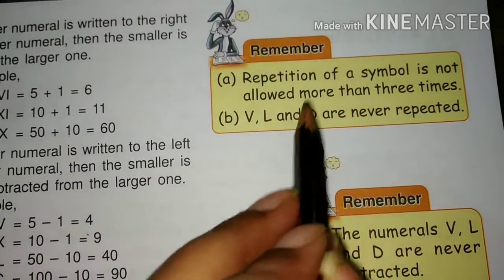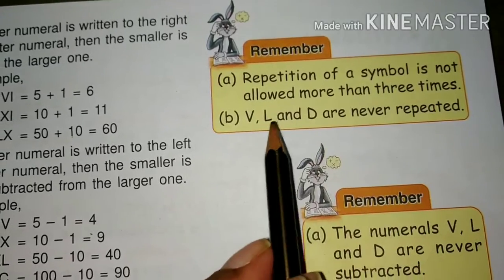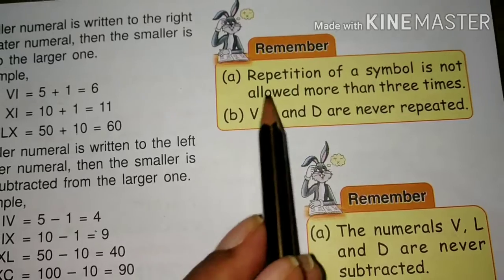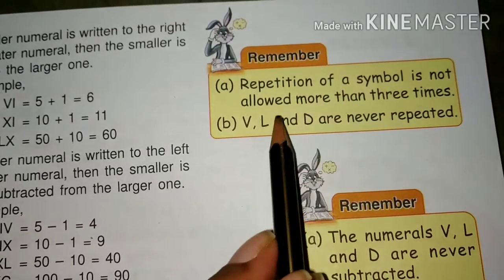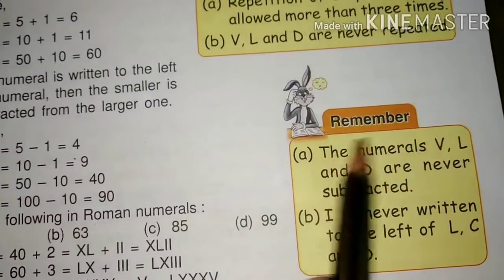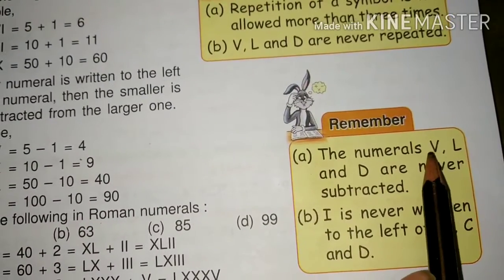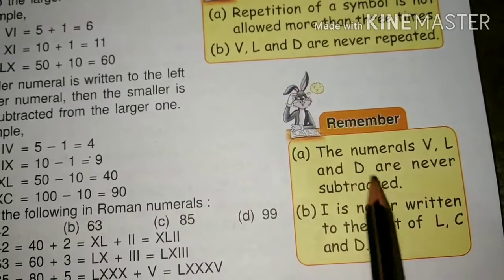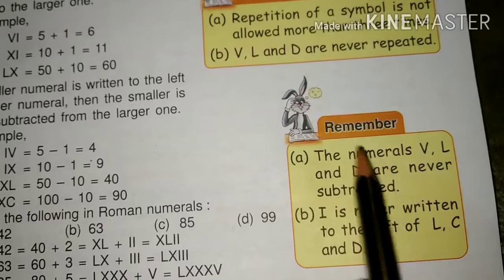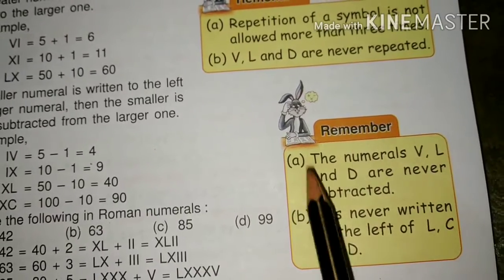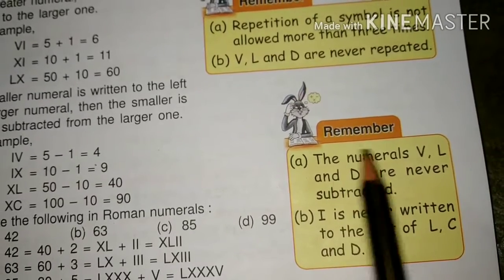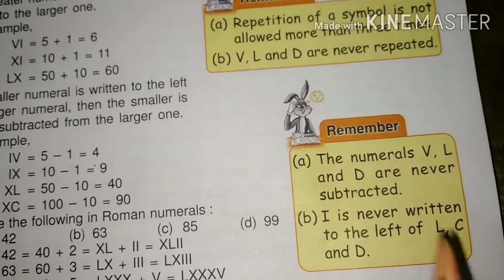V, L and D are never repeated. Students, we are not repeating V, L and D more than 1 time. The numerals V, L and D are never subtracted. Students, symbols V, L and D, we are not repeating and we are not subtracting.